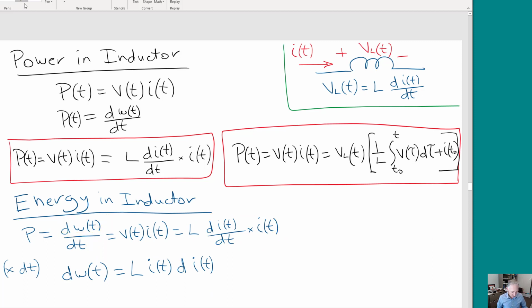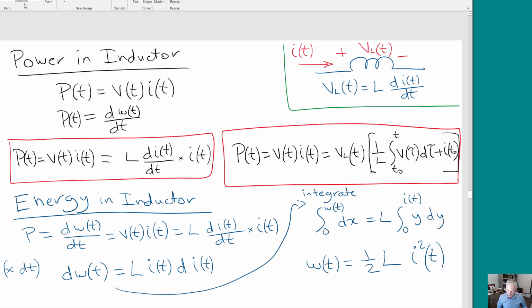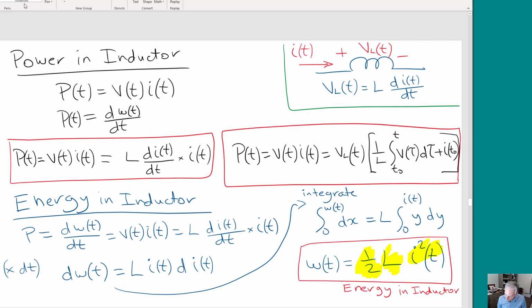Okay, and then what we got, if we integrate that result, we're going to integrate both sides, and then we end up with a very useful equation for the energy of the inductor, energy being 1/2 L I squared.